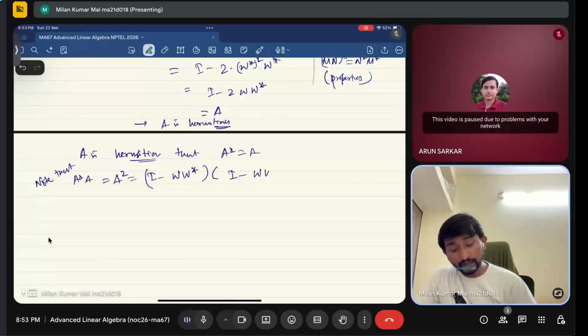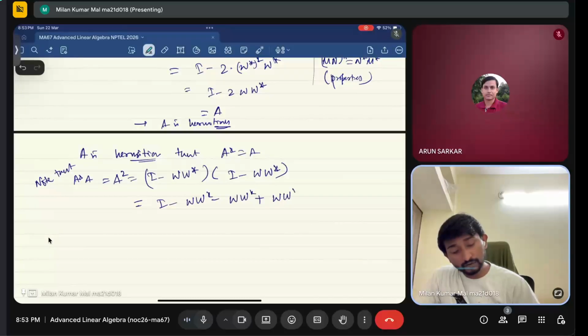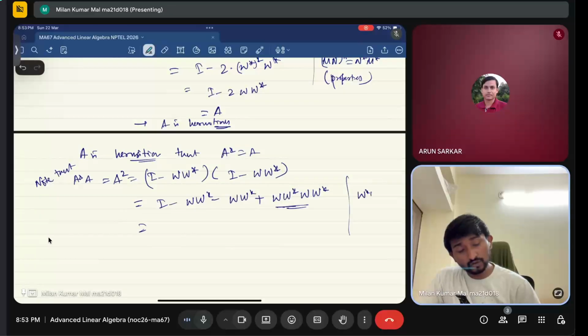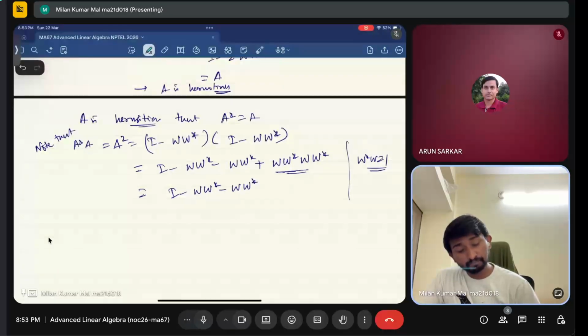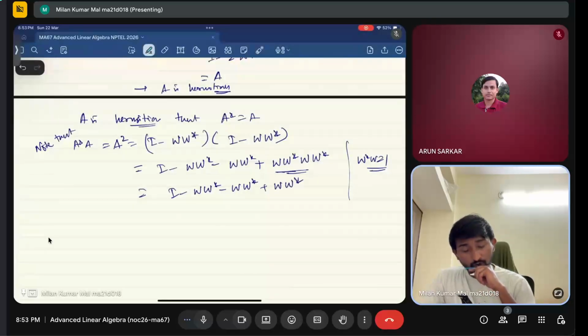So this will be identity minus 2WW star minus 2WW star plus 4WW star WW star. But W star W is equal to 1, that is already mentioned in the question.